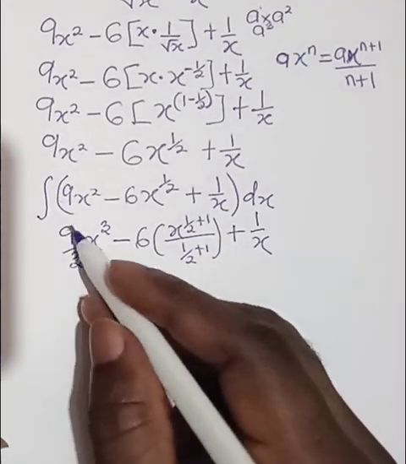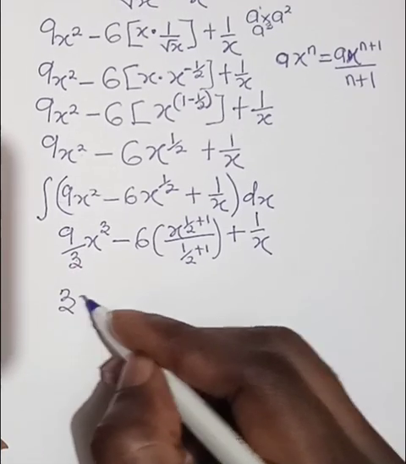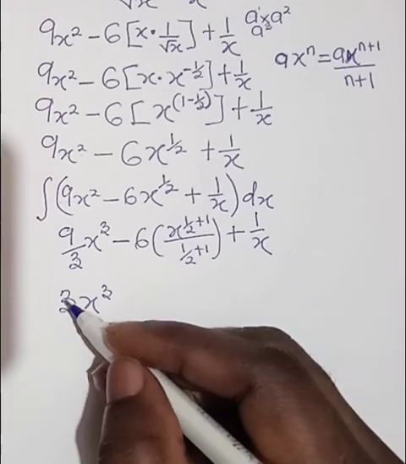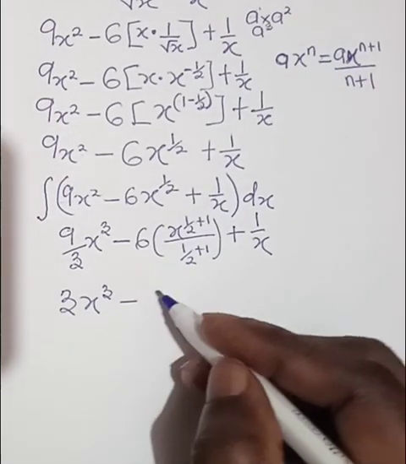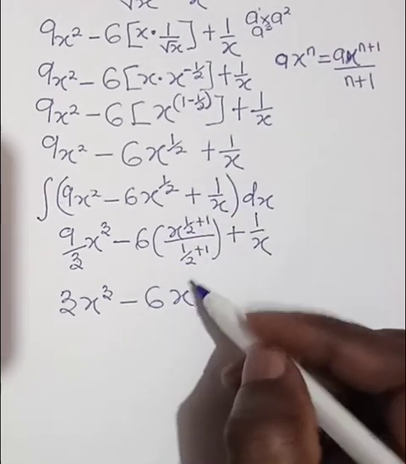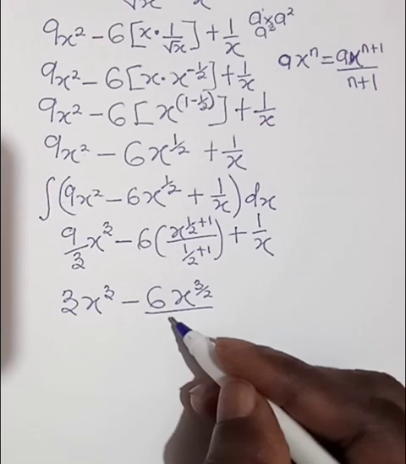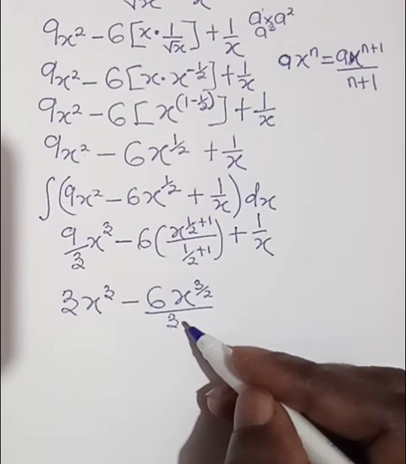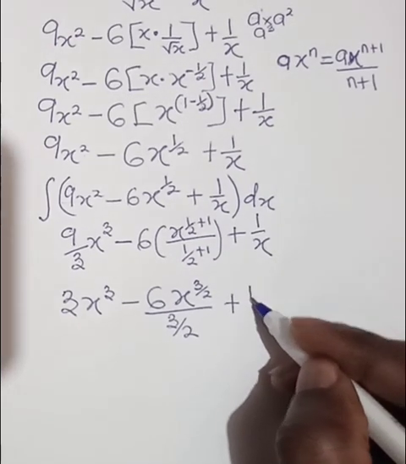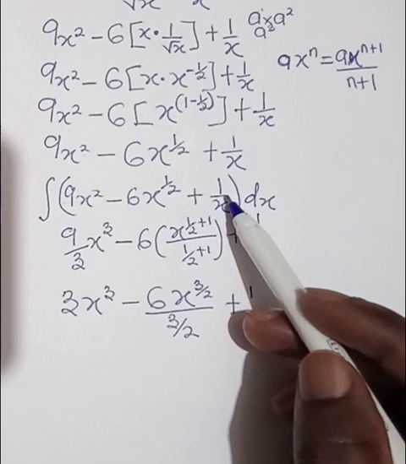So here I think I can get 9 divided by 3 will give me 3x exponent 3. So 3x cubed minus, then I have here 6x. So if I add this, I'm getting 3 on 2, all divided by 3 on 2, then plus my 1.